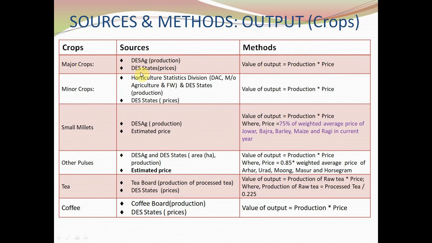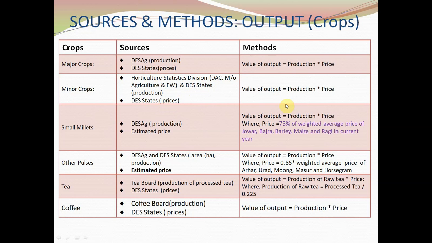And prices are taken from Directorate of Economics and Statistics of different states. And for minor crops, production data is taken from Horticulture Statistics Division, Department of Agriculture and Cooperation, Ministry of Agriculture and Farmers Welfare, and from different DES of states. And prices are taken from DES itself.